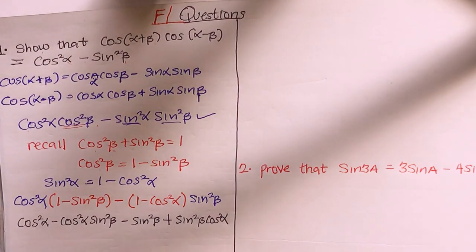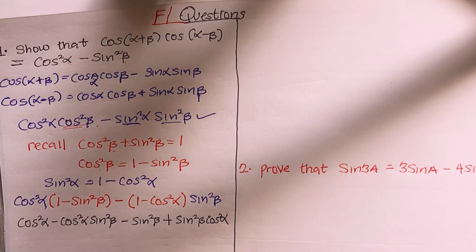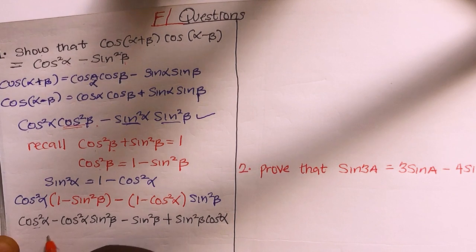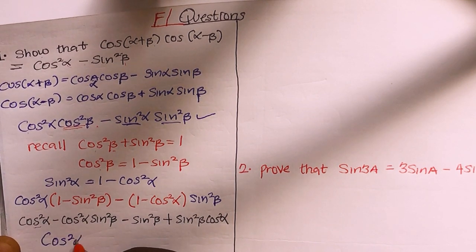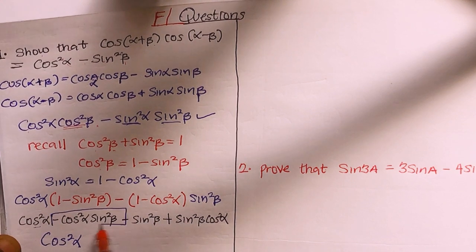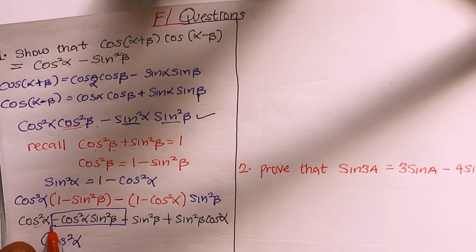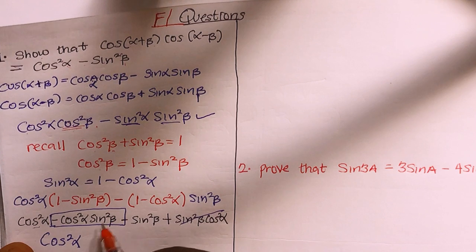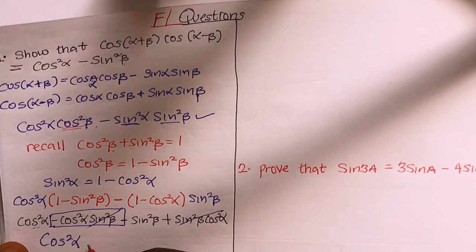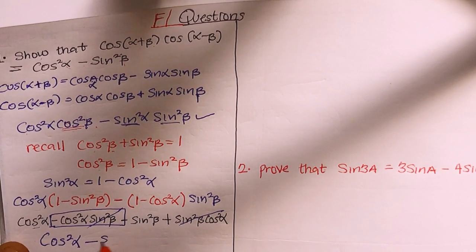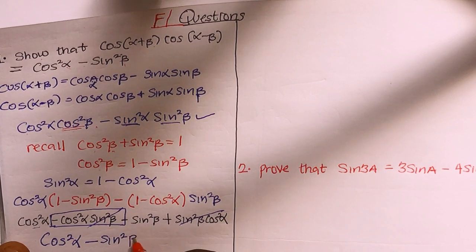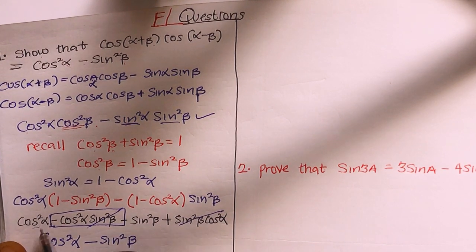We are almost there. Everything here which is negative, cos square alpha sine square beta, is going to cancel the one here because they are the same. Then you have cos square alpha minus sine square beta, which is what you're asked to prove.